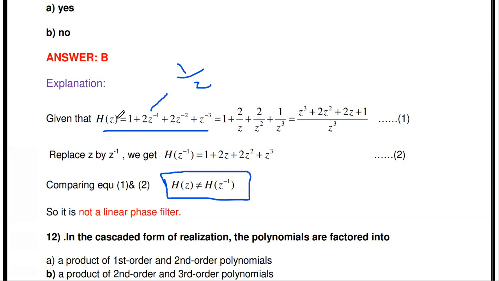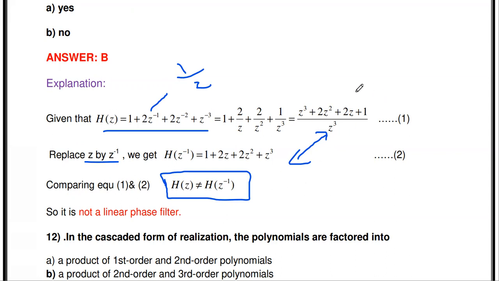Then in this H(z) equation, you just replace z by z inverse. If you replace z by z inverse, we will get H(z inverse). So H(z inverse) equal to 1 plus 2z plus 2z squared plus z power 3, since z inverse is replaced by z. Now check whether equation number 1 and 2 are equal or not. These two are not equal.